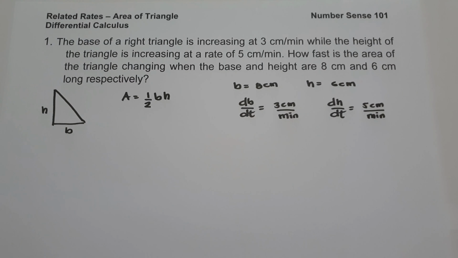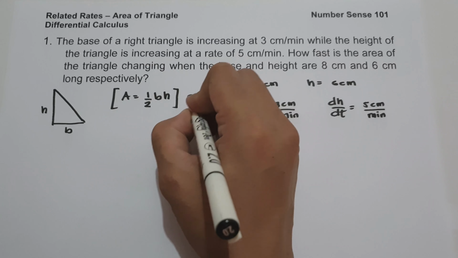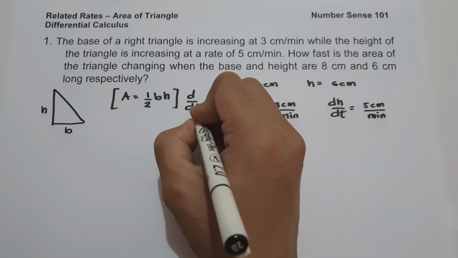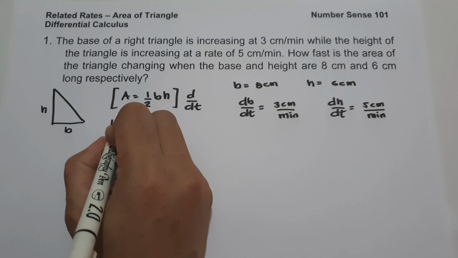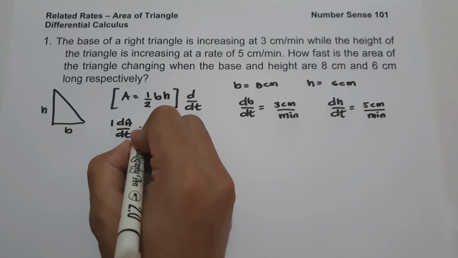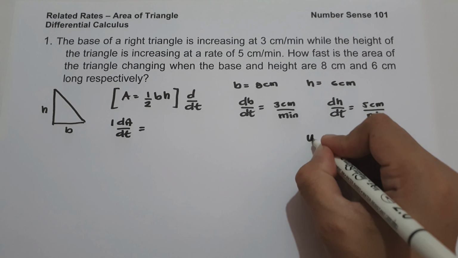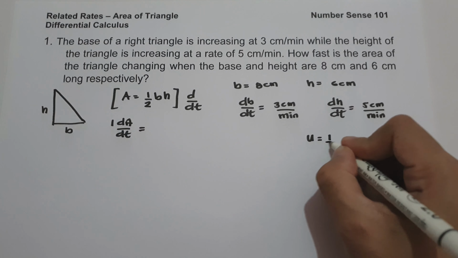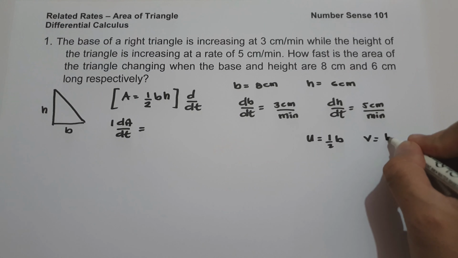Now, to calculate how fast the area of the triangle is changing, we are going to differentiate both sides of the equation with respect to time. The derivative of A, that is dA over dt. And then we have a product rule. So u is 1/2 base, and v is h.